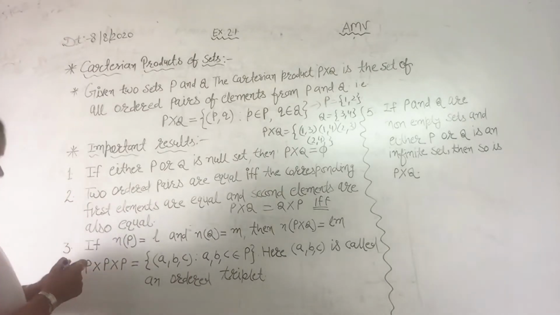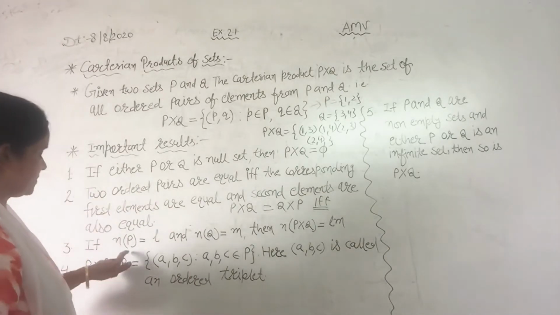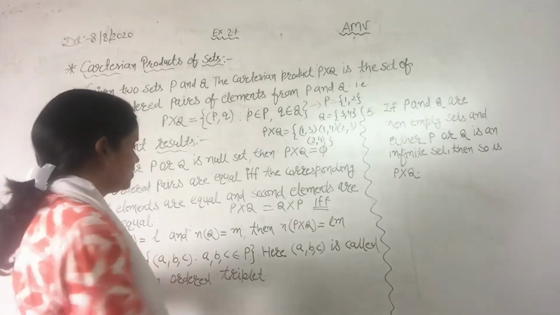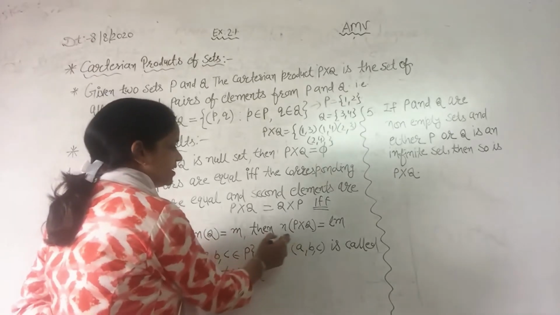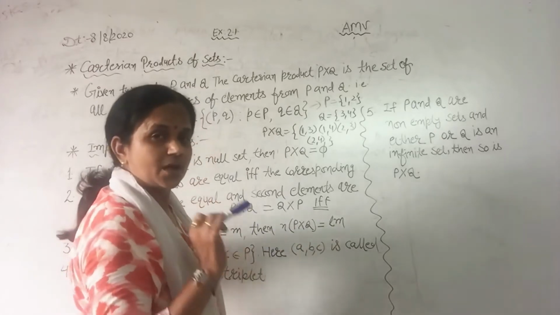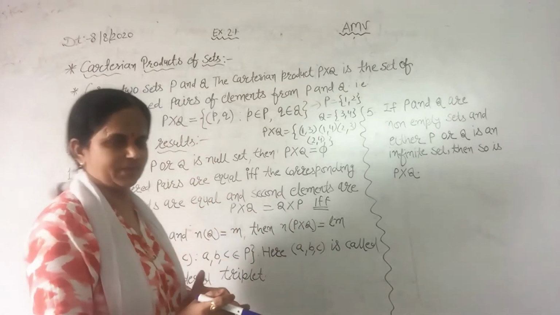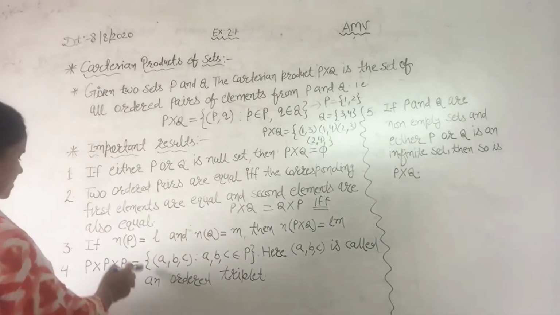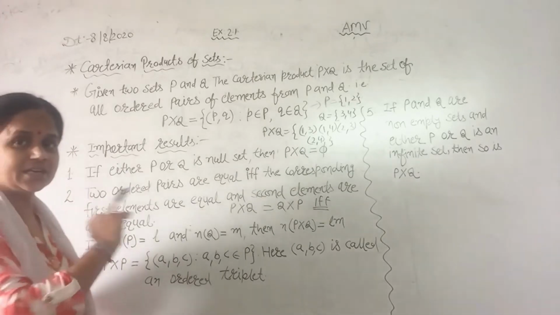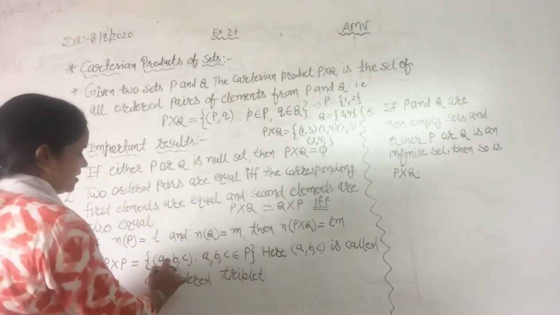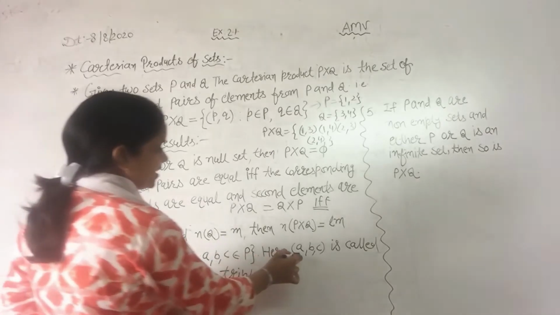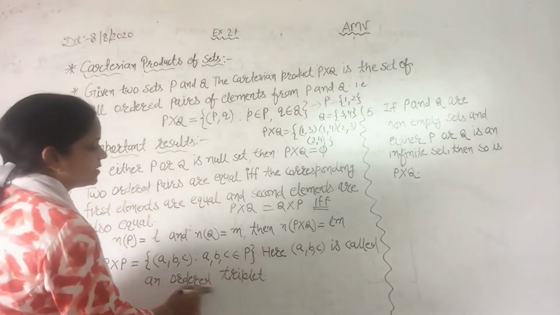If n(P), the number of elements of set P, is m and n(Q), the number of elements of set Q, is n, then the number of elements of the Cartesian product P×Q is equal to mn. Only multiply the number of elements of both sets. It is the Cartesian product of P, P and P, 3 times. So the answer will be (a, b, c), where a, b, c belong to set P, and (a, b, c) is called an ordered triplet.